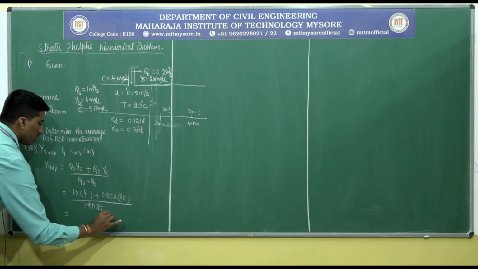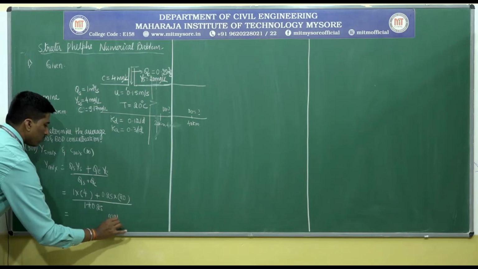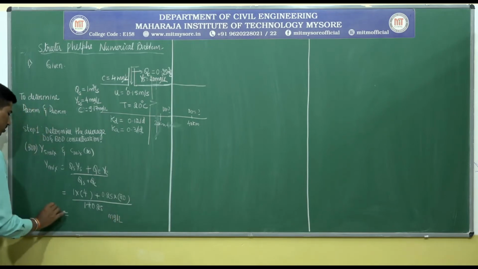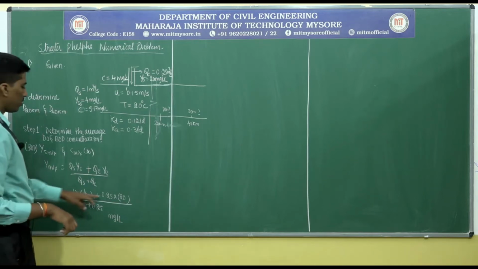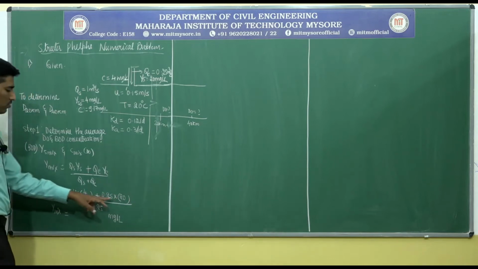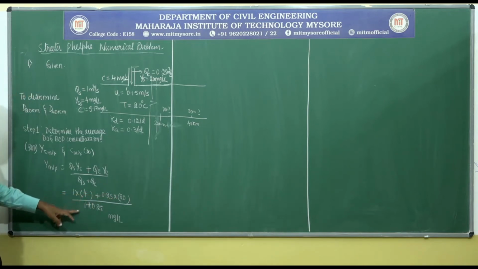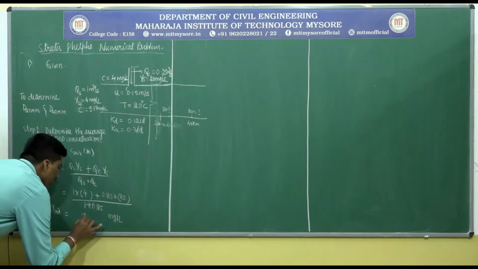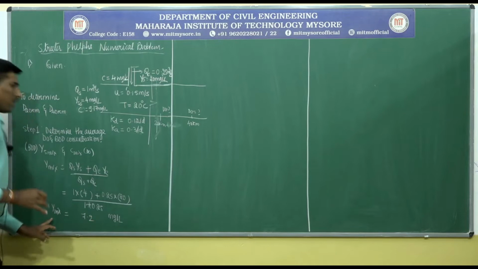It has to be expressed in mg per liter. You are going to get it as Y mix. So when you compute it, 4 ones are 4 here, 0.25 twenties are 5, leading to 5 plus 4 is 9, and 9 divided by 1.25. So the BOD is 7.2 mg per liter.